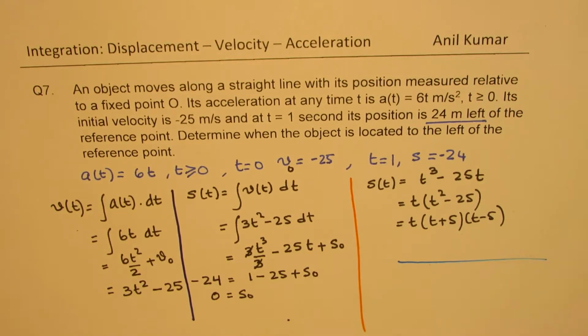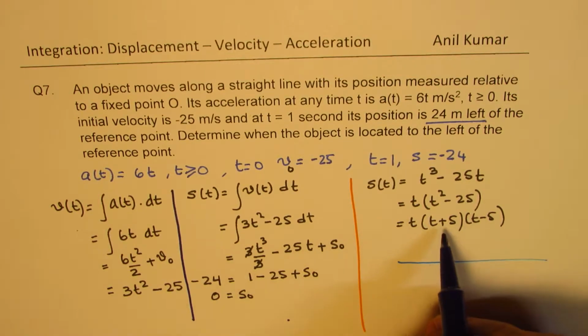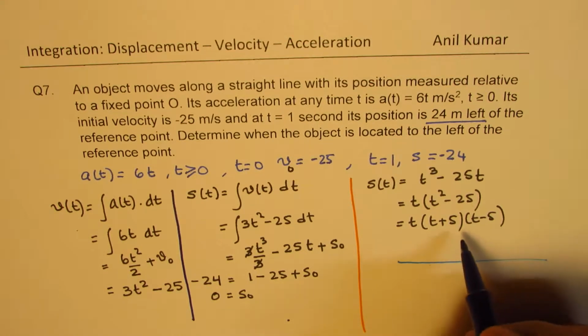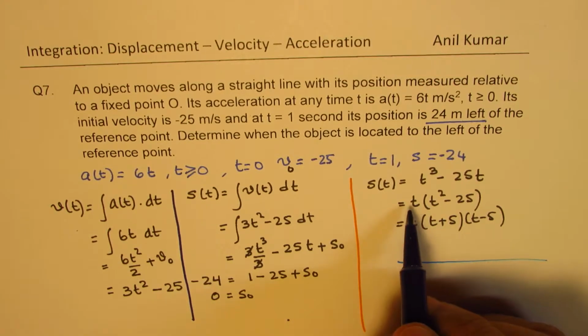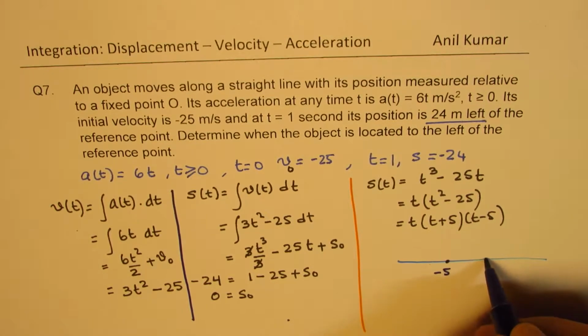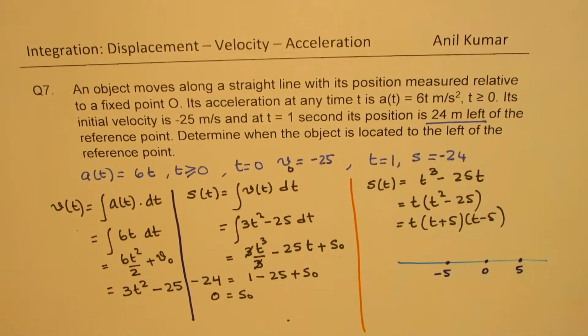Now, an easy method here is to sketch the graph, right? So the zeros are at plus minus 5 and 0, and since the leading coefficient is positive, the right side goes up. So we have a zero at minus 5, a zero at 0, and a zero at 5, correct?